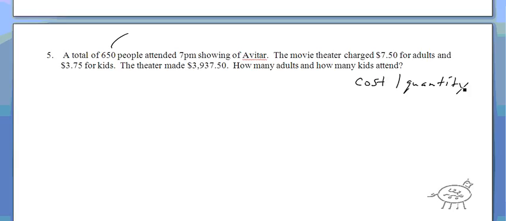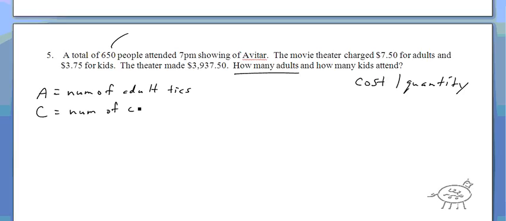So the quantity problem, that's the easiest one. Well, first we have to define our variable here. So we're going to say, and again, this is how many, A is going to be the number of adult tickets, and C is the number of child tickets.